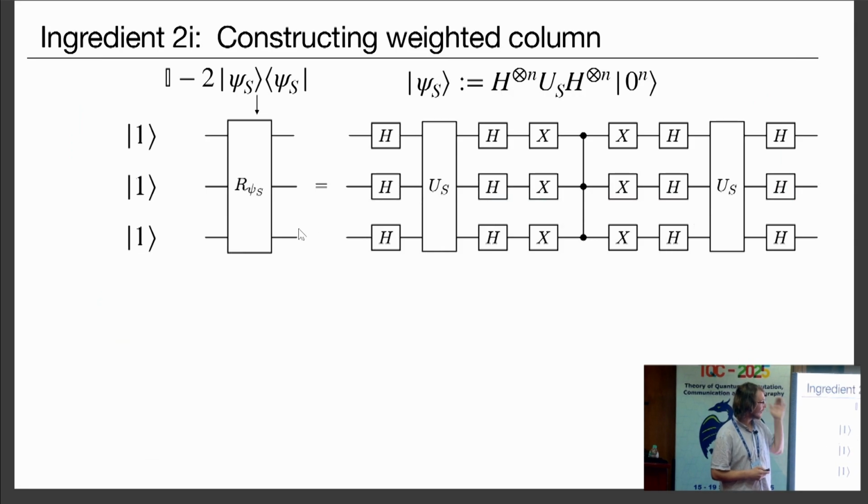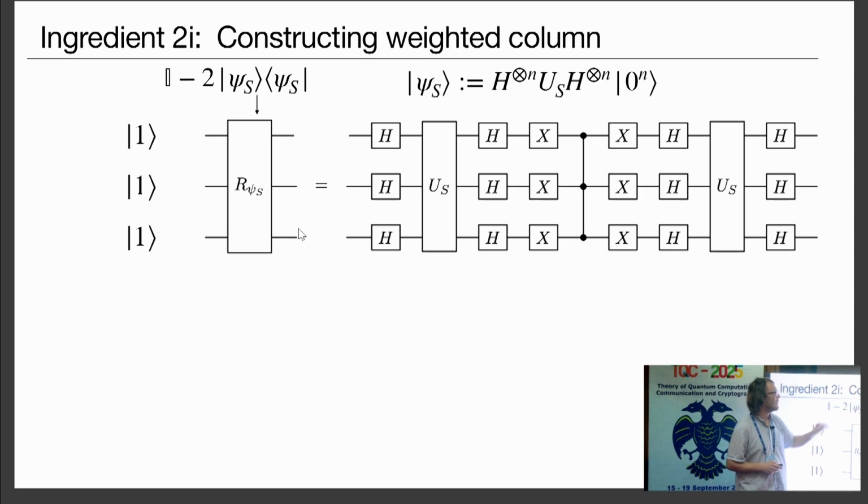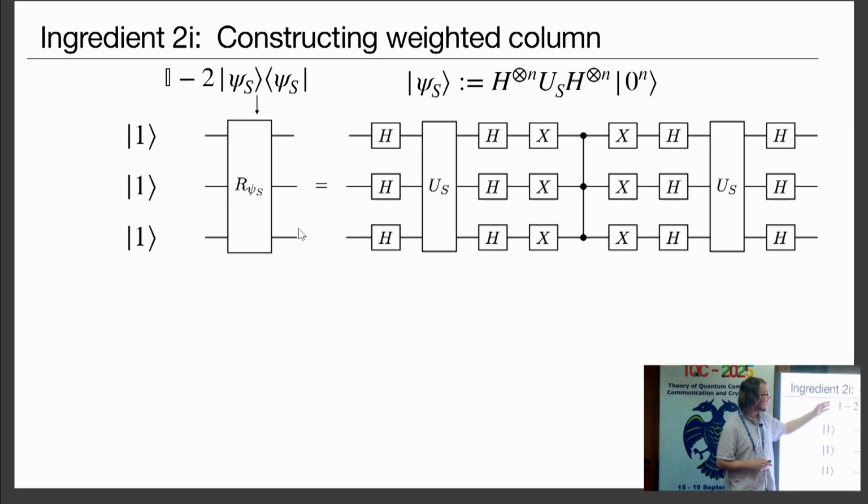Okay, so this is the circuit that constructs one of these bad but not horrible approximation states. What you can see here is we've defined this state psi s, which is exactly what you get when you conjugate this parity-restricted gate by Hadamards and apply it to all zeros. And what we're going to do is reflect about psi s on the all ones input.